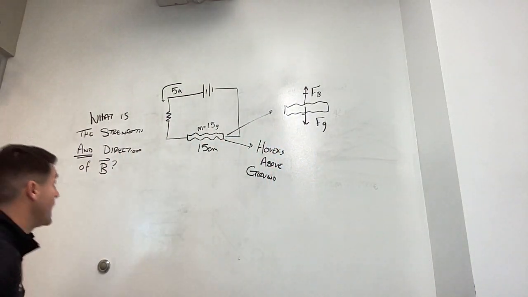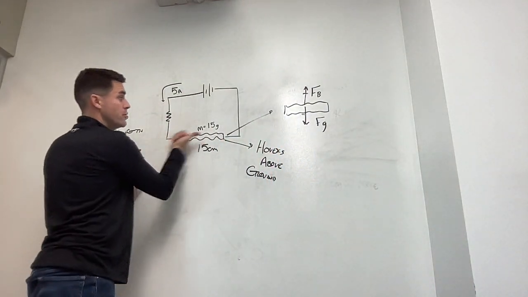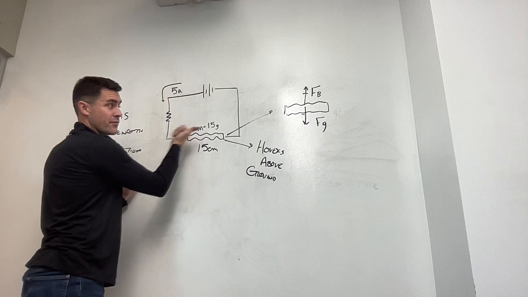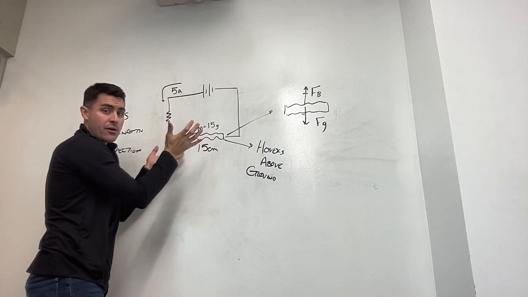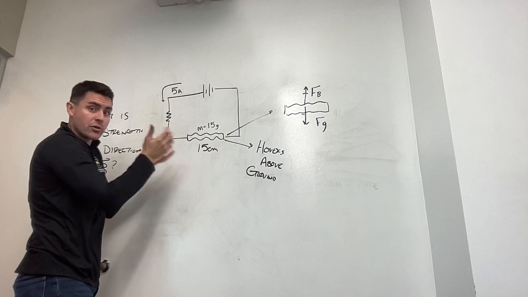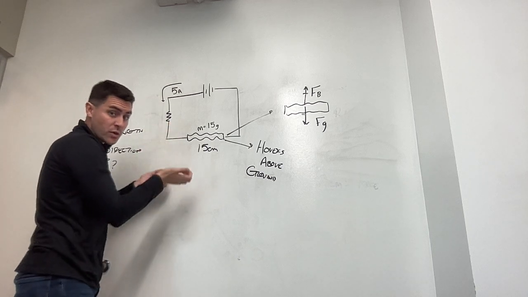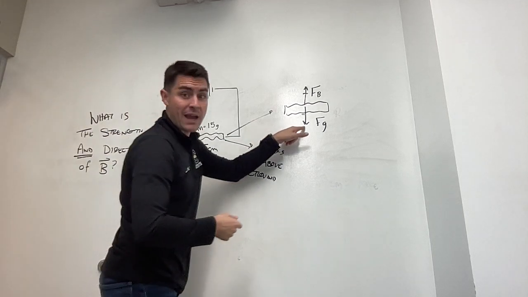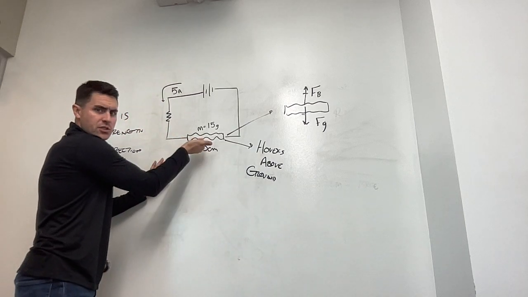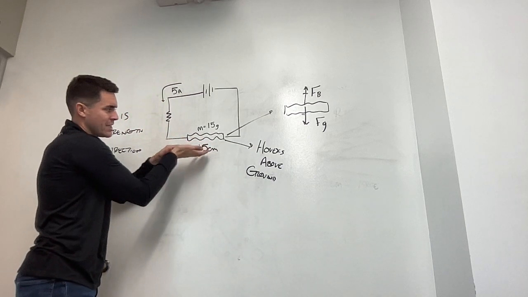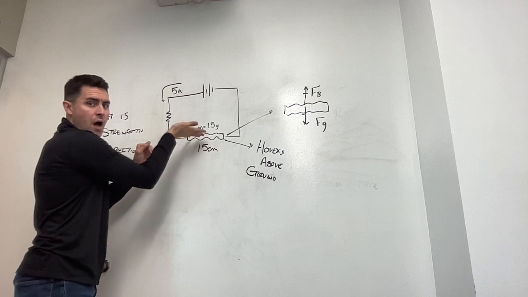Let's figure it out. I have current flowing through this way. Current flows through this way, but it levitates off the ground, right? It's held upward. So I know the force is going to be upward, working against and balancing out gravity. So I've got current flowing this way, and I've got a force that I need to push up on it with.